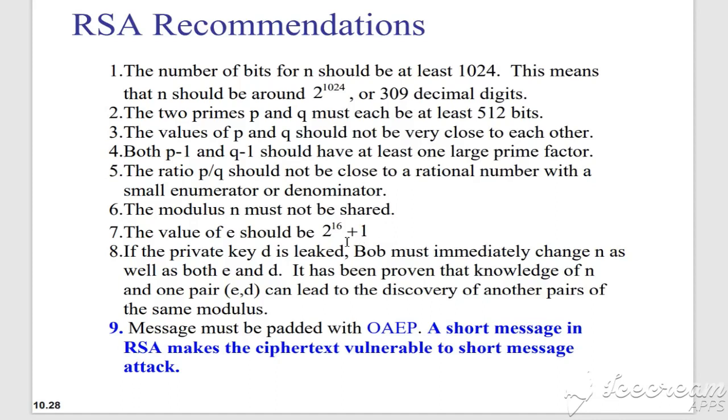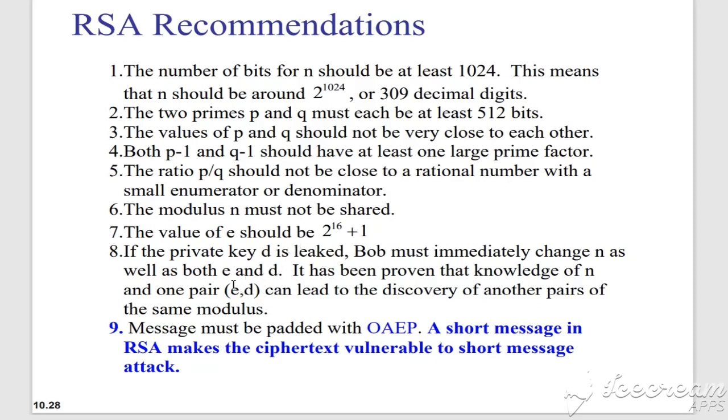If the private key d is leaked or compromised, Bob must immediately change n as well as both e and d, the public key and the private key. It has been proven that knowledge of n and a pair e and d can lead to the discovery of another pair for the same modulus.